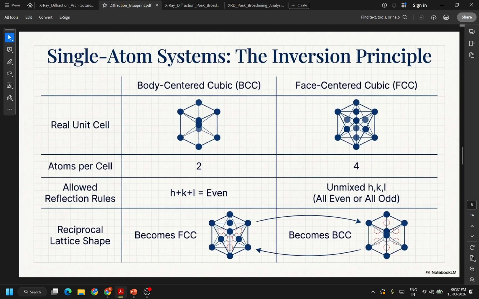For body centered cubic, the allowed reflection rule is that h plus k plus l should be even. For face centered cubic, the allowed reflection rule is that hkl must be unmixed, that means all of them should be even or all of them should be odd.